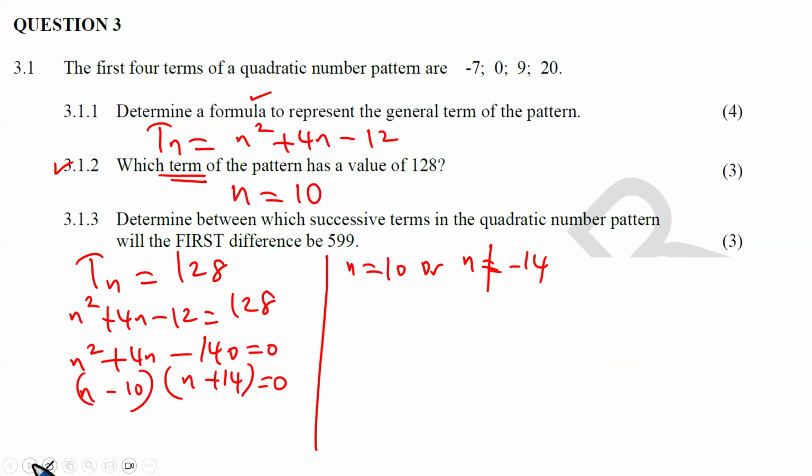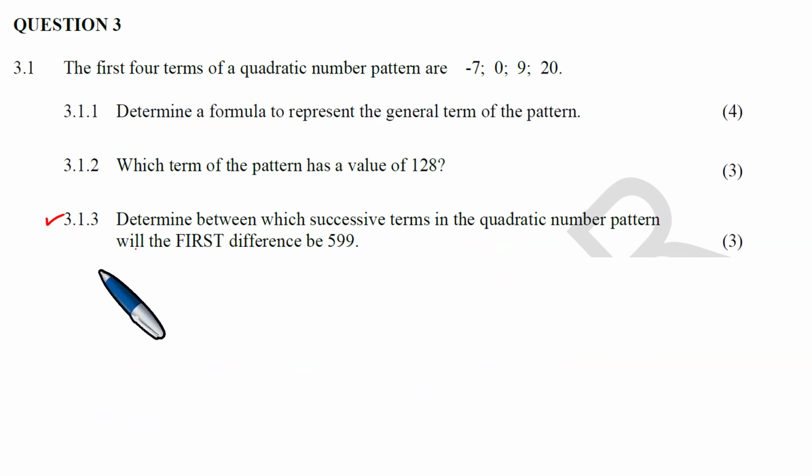The next point. We look at 3.1.3: determine between which successive terms in the quadratic number pattern will the first difference be 599.